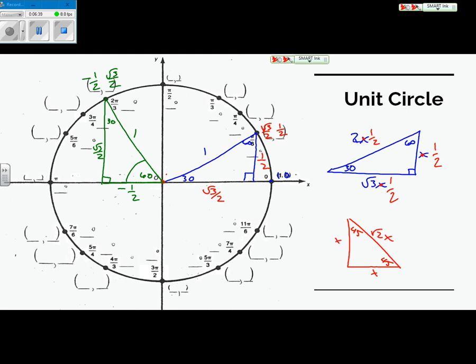And that's what I'm about to do. So I'll just go ahead and draw this. I'm going to draw it down here in the third quadrant. So again, this angle is going to be 45 degrees, and this is 45.